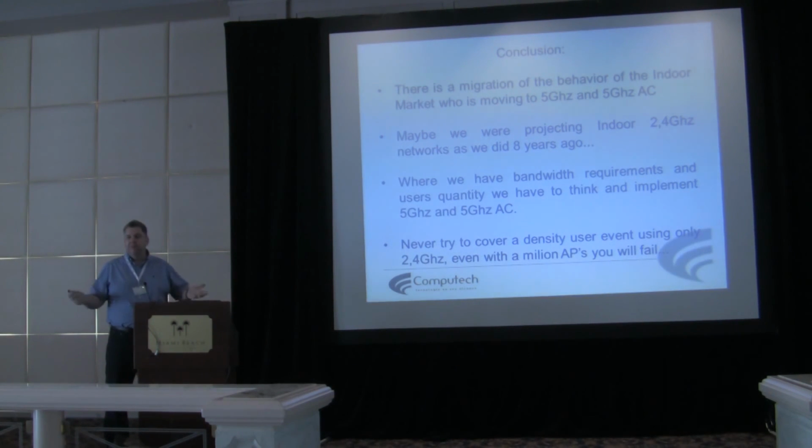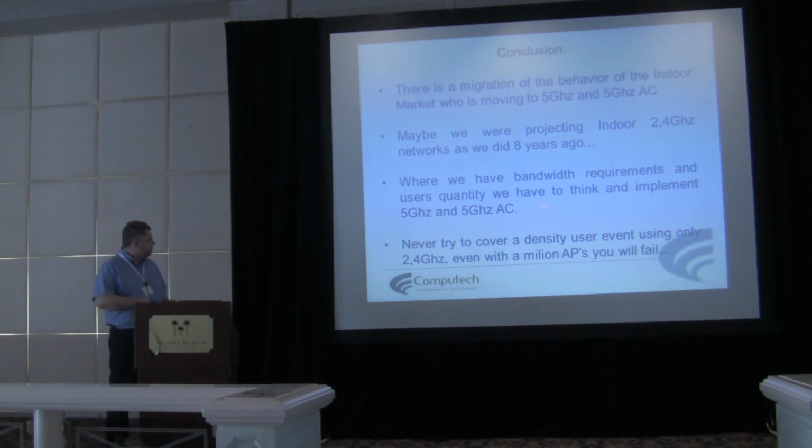Sometimes we have to project a temporary event to many people outdoor. So I need to think and implement 5 gigahertz and 5 gigahertz AC, maybe, in the network to deal with the traffic with more and more bandwidth.